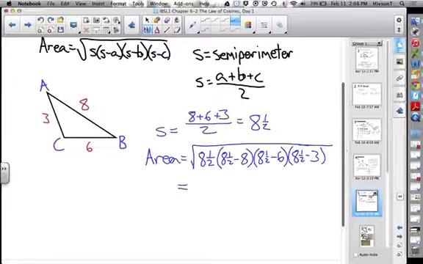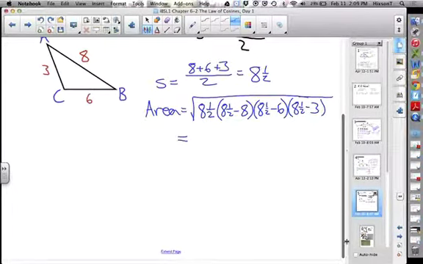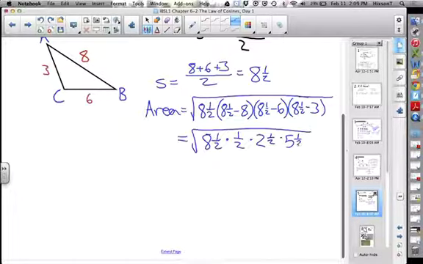Now, this is one of those formulas where you'll help yourself out by thinking and not relying on your calculator too much. All of you can do that subtraction in your head. So don't rely on your calculator for that. This is the square root of 8.5 times 1/2 times 2.5 times 5.5.